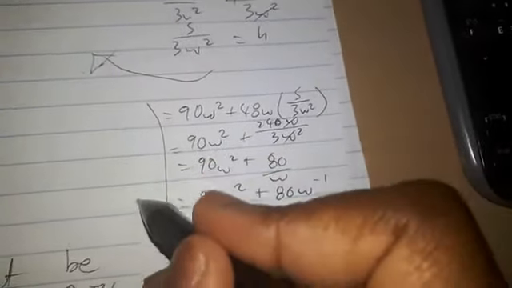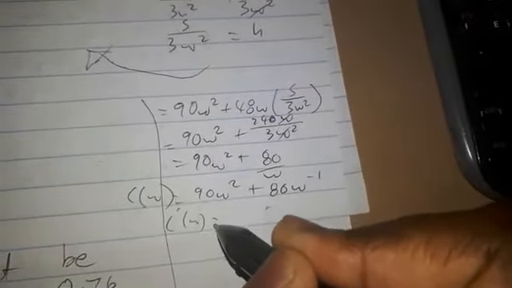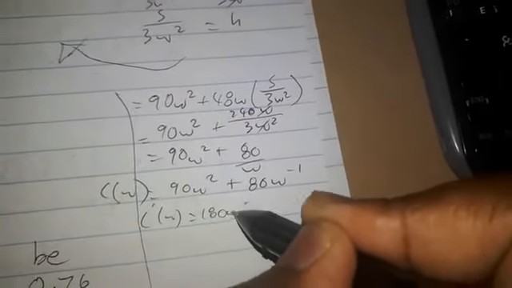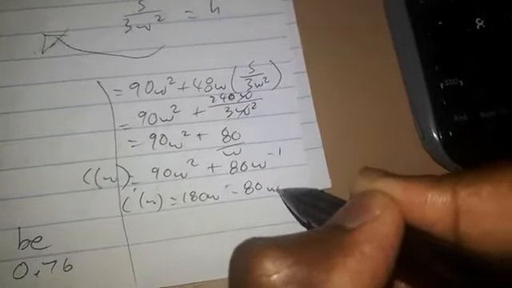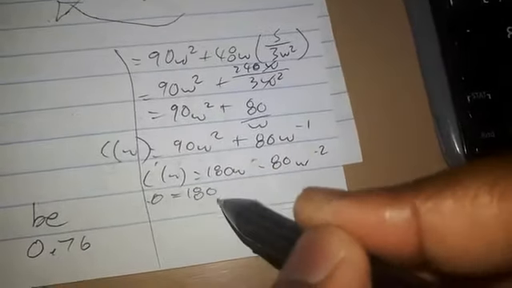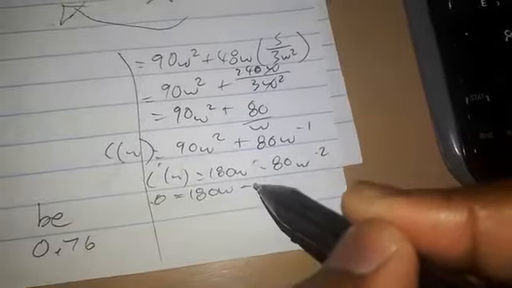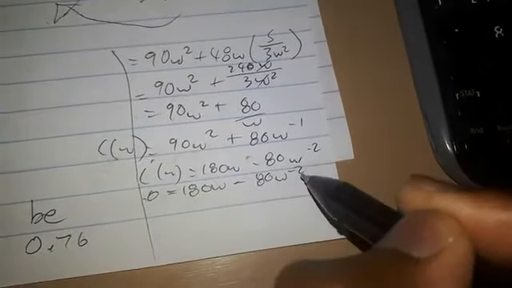This is just C of W, you see. If you then differentiated, you'd have gotten 180 W minus 80 W negative 2, you see. And then here, if you set it to 0, you would have 0 is equal to 180 W minus 80 W negative 2.